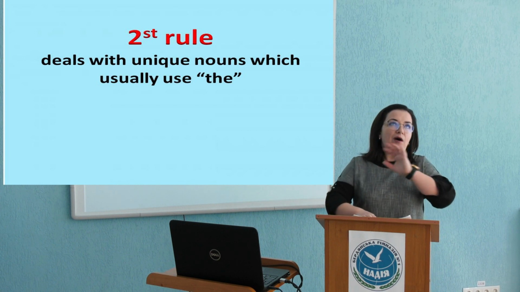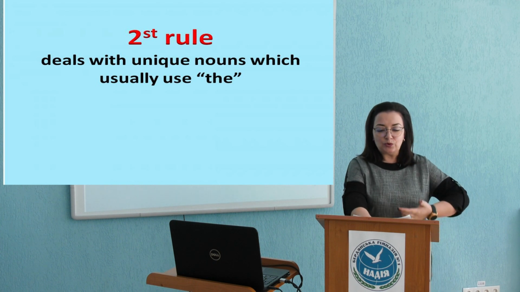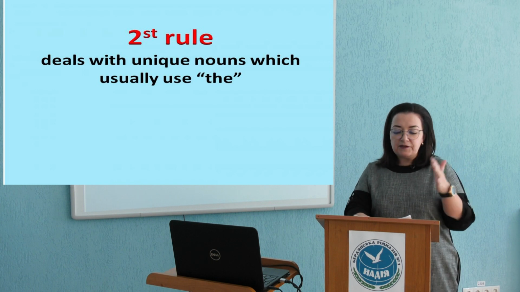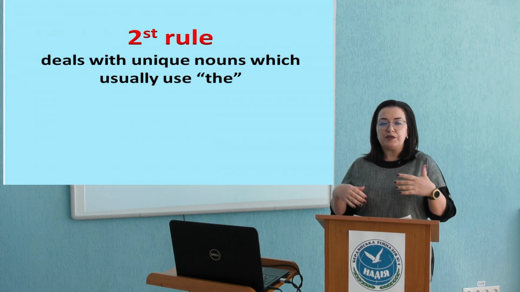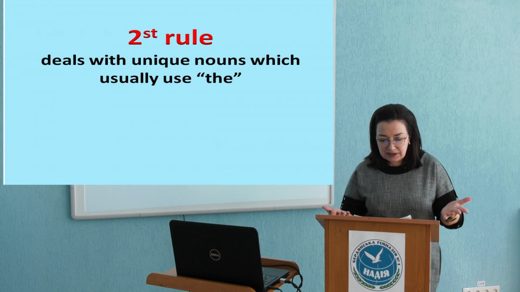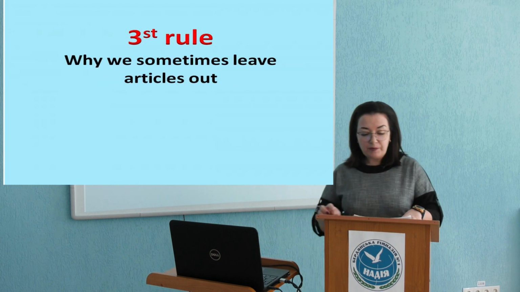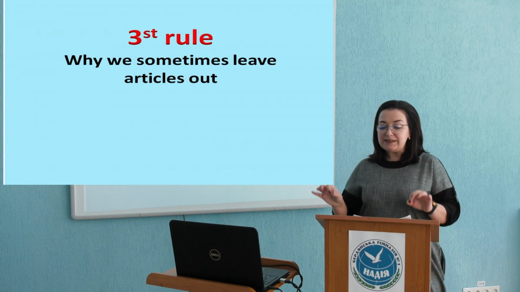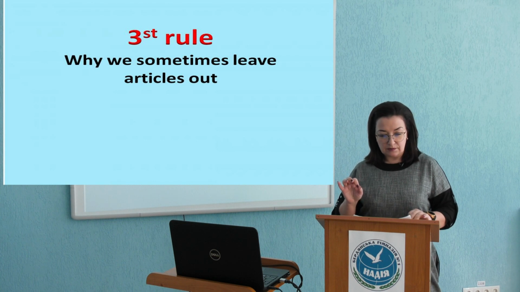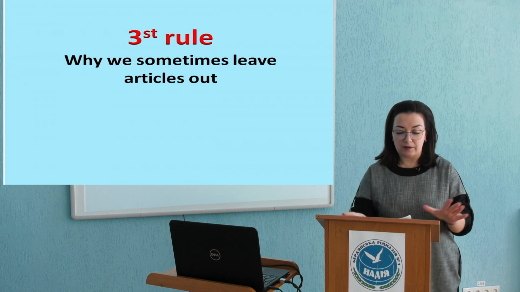Now, I gave you a lot of different examples about how nouns can be unique and how to use them. And we also talked about how the definite article should usually be used with ordinal numbers, right? And with superlative degree as well. Okay, and the third rule, what do you remember about it? The third rule explains why we sometimes leave articles out. Yes, that's when we are talking generally about them.